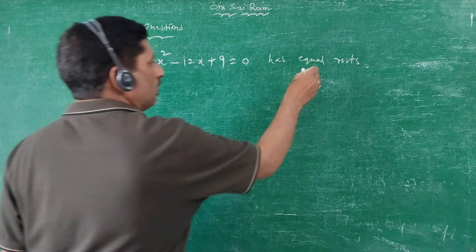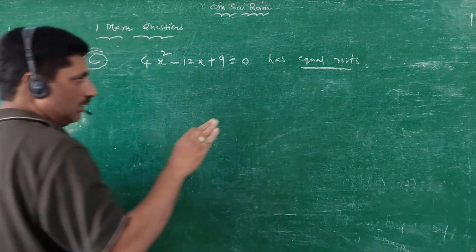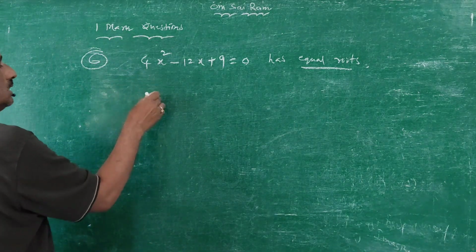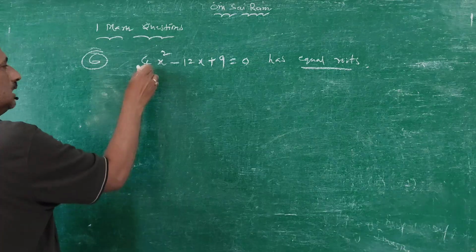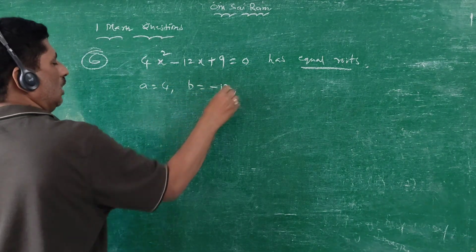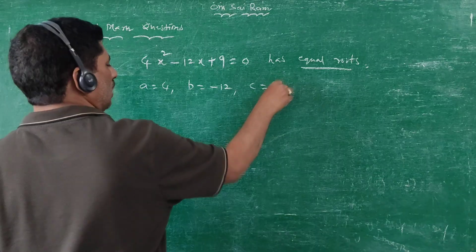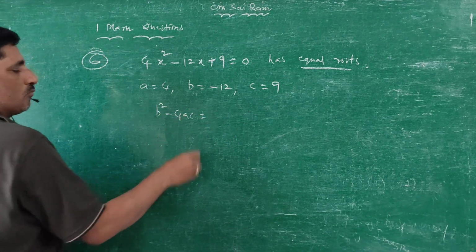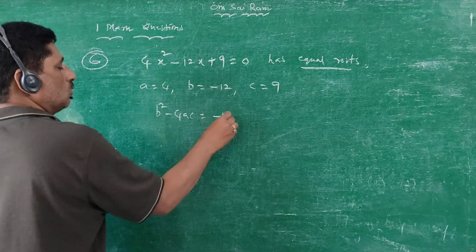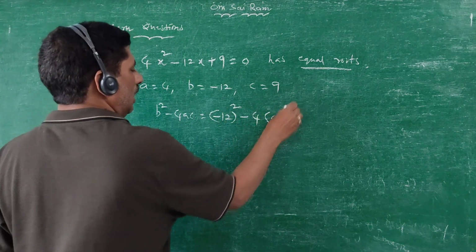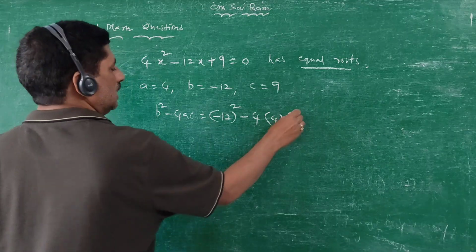So how can I verify that? When they give equal or distinct roots, it is based on the discriminant. We compare this equation with the standard form, where A is 4, B is equal to minus 12 and C is equal to 9 here. We have to find B square minus 4AC. What is B value? Minus 12 whole square minus 4, A value 4 and C value 9.